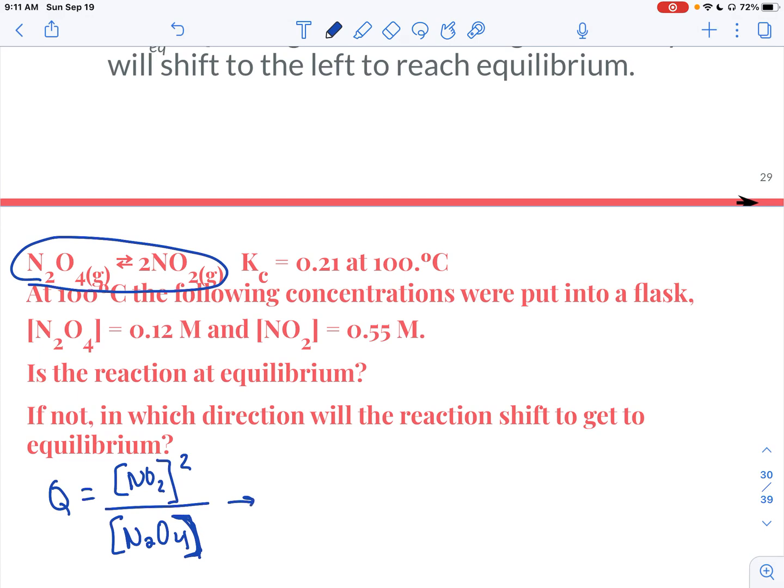And then I'm just going to go ahead and plug in my numbers. So NO2 is 0.55, and N2O4 is 0.12, squared. When I do that out, I get 2.5.